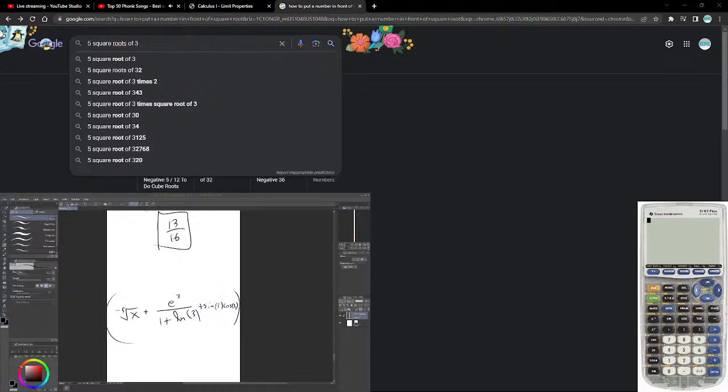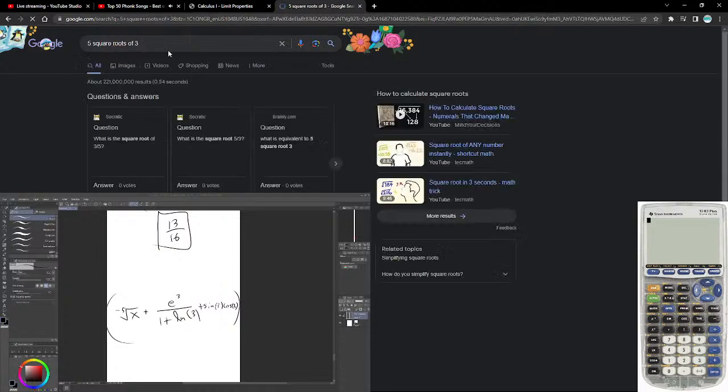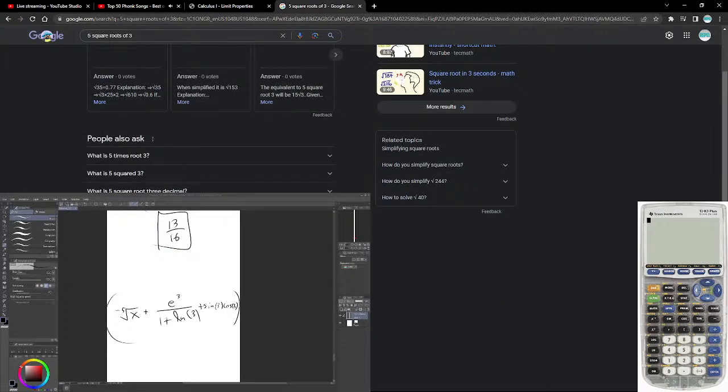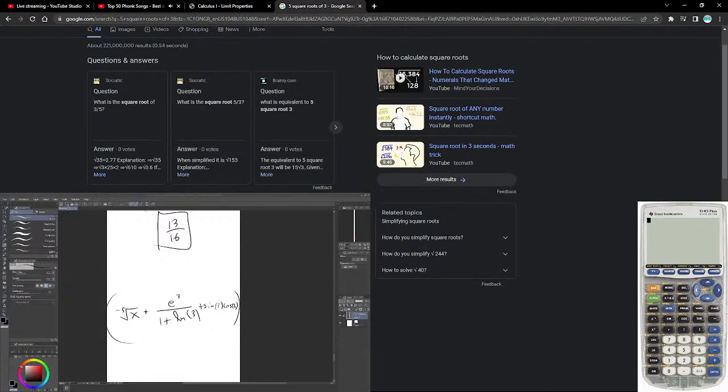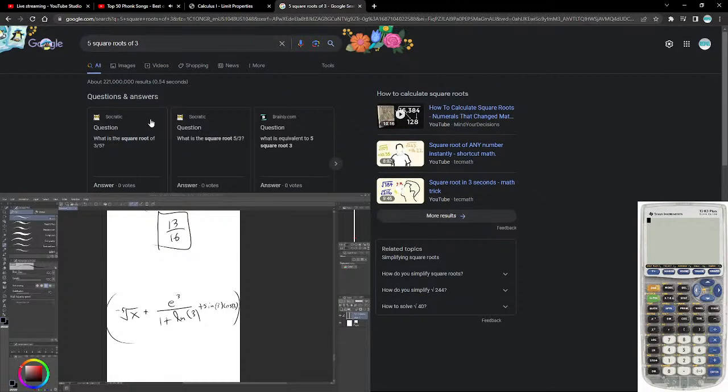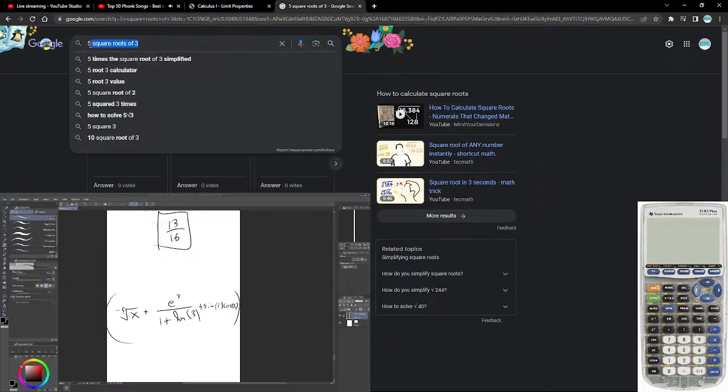It's negative 2. Oh wait, that's not how you say this. 5 roots of 3.